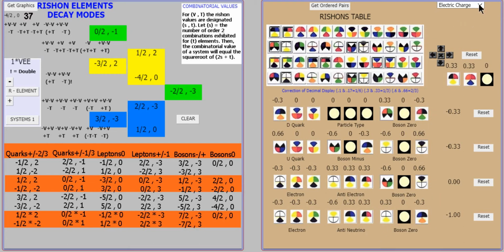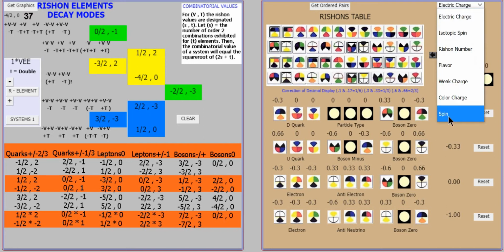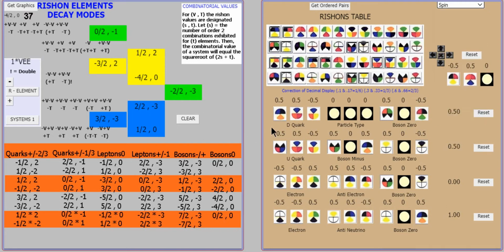Let's look at the spin quanta. The spin quanta for the D quark part of the B quark is plus 1/2, and the boson 0 from the Higgs field contributes no spin.